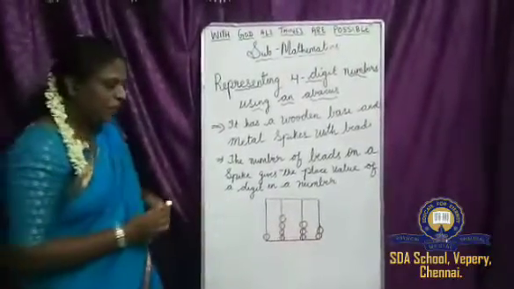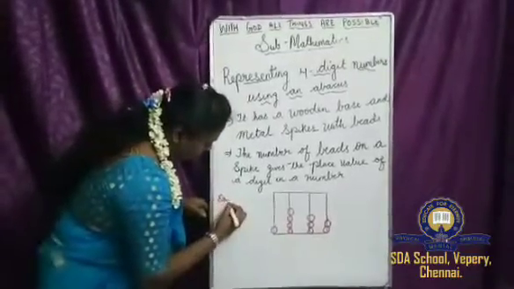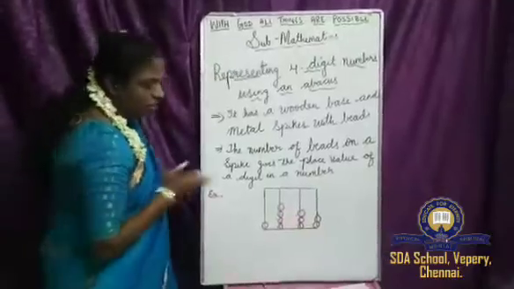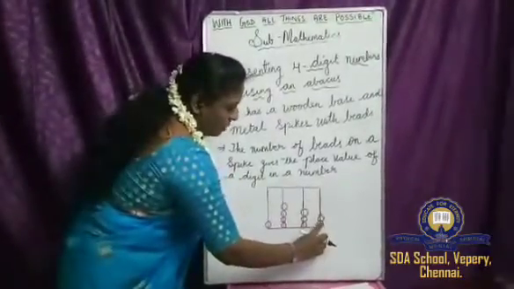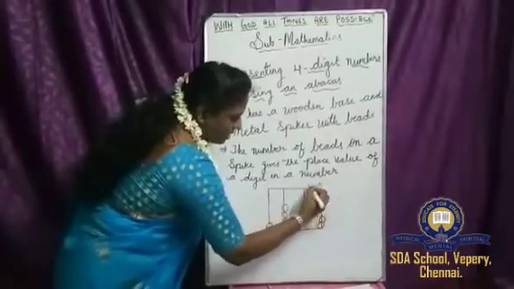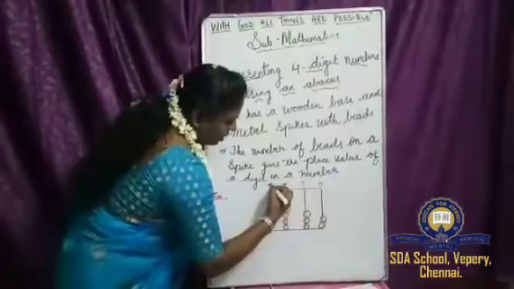For example, let's write these numbers. We count from this side. How many beads are there? This is ones, tens, hundreds and thousands.